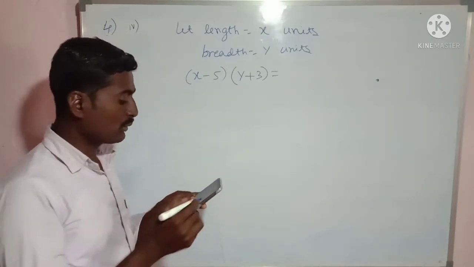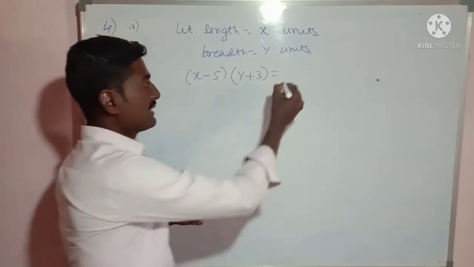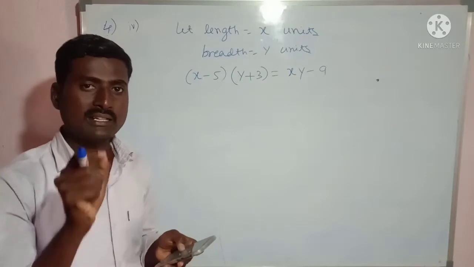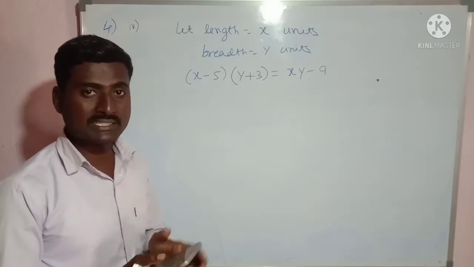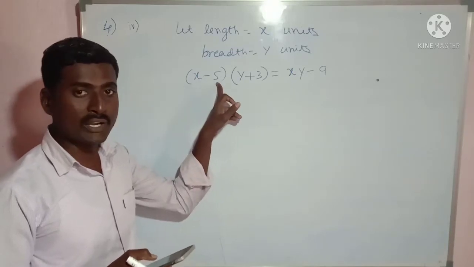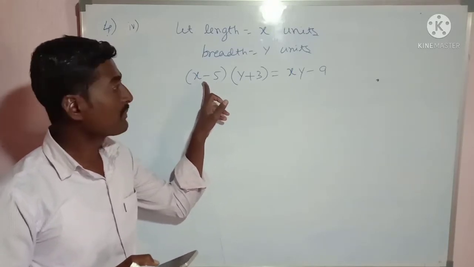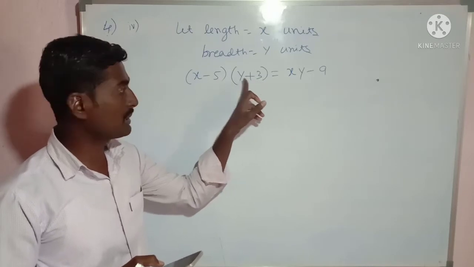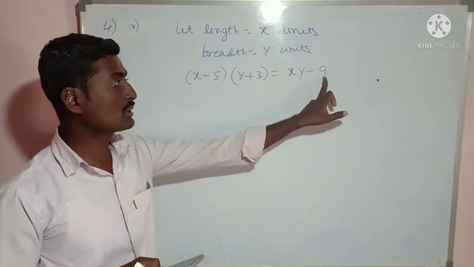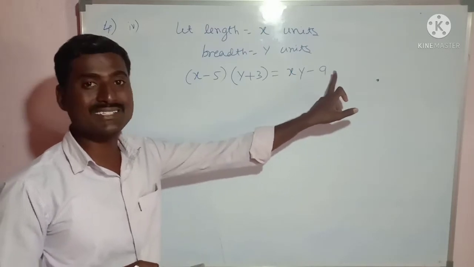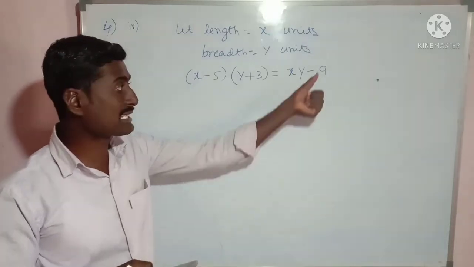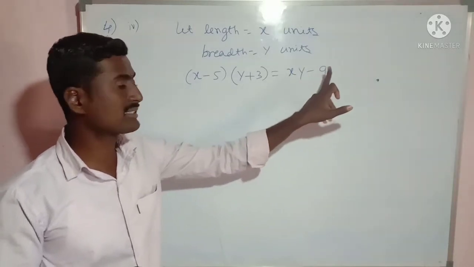Now is equal to, can I write it as xy minus 9. Initially the area of that rectangle is xy actually. But after decreasing the length by 5 units and increasing the breadth by 3 units, the area is reduced by 9, so it is xy minus 9. Initially xy is there, so 9 units will be less in that xy.